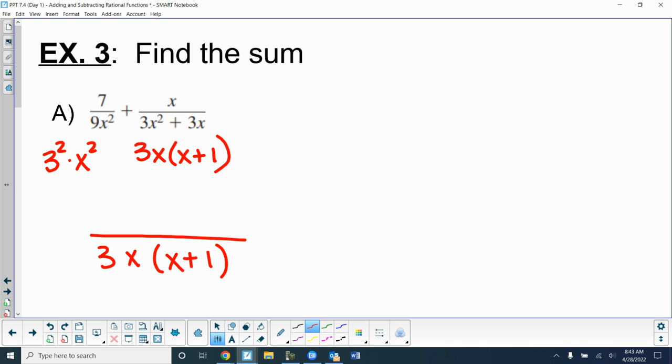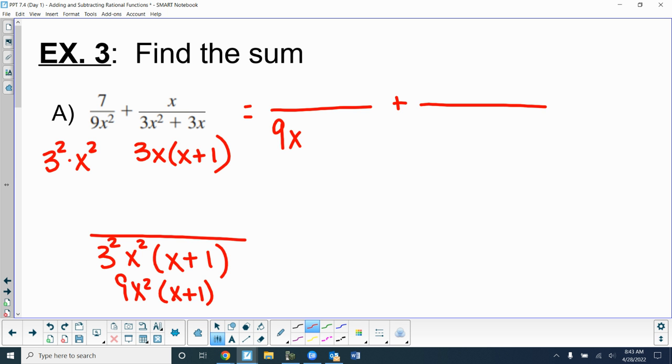Yeah, you put the higher exponent. What's higher, 1 or 2? 2. So that's my common denominator, or my least common denominator, actually. Right, Wolf? All right, so what I would do is write this as 9x squared and x plus 1. All right, so I'm going to rewrite this problem with the common denominator, which we just figured out.